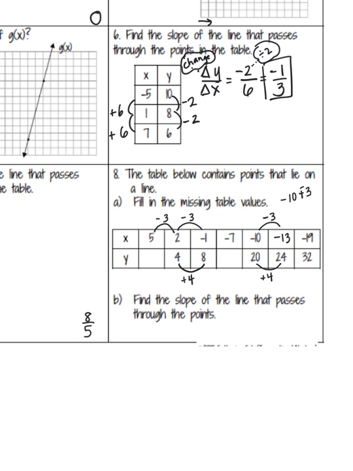I can now figure out this must be 0, because to get from 0 to 4, I'm increasing by 4.